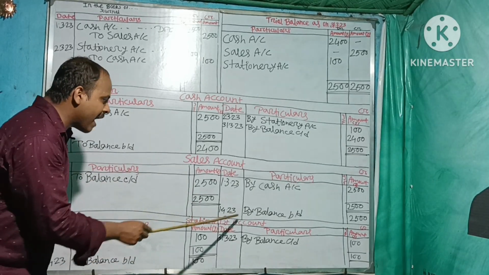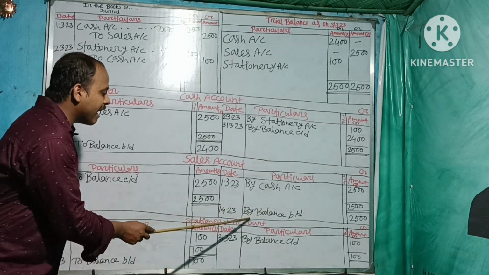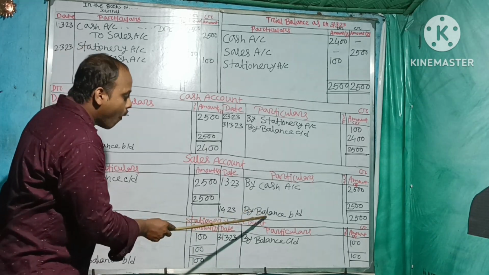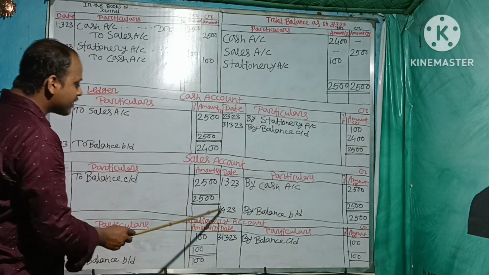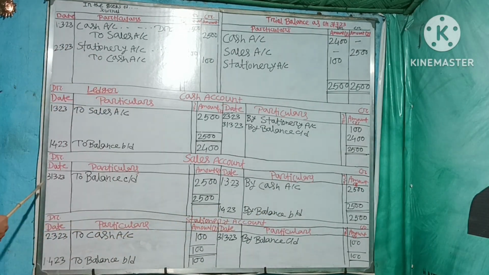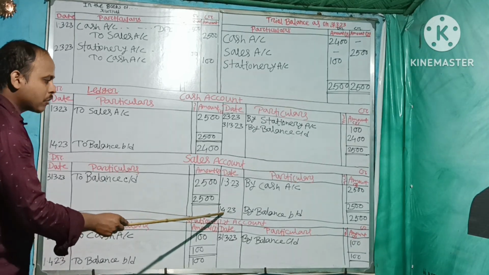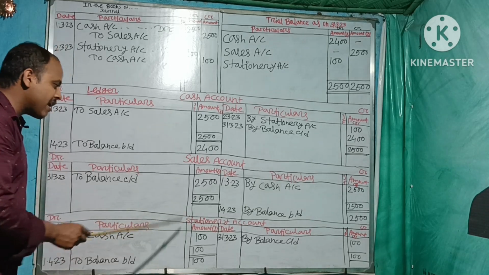This is the opening balance, so balance brought down, and the date is the next day of the closing date of accounts, that is 1st April 2023. In the same way we can also close the stationery account.